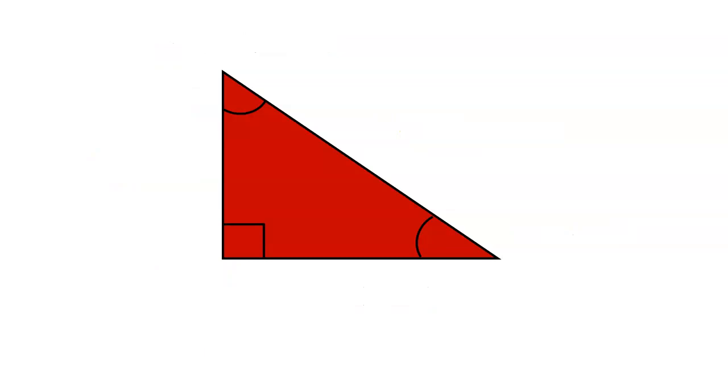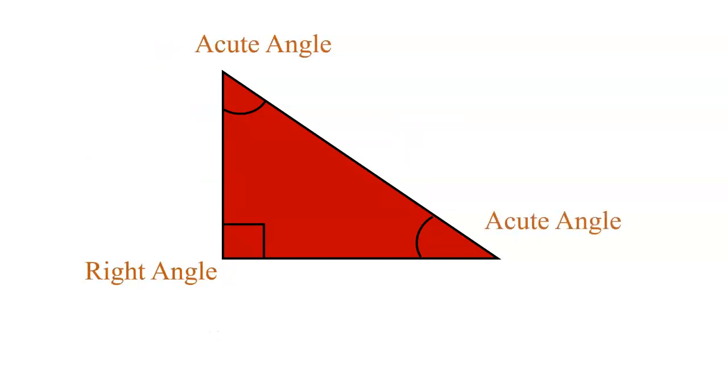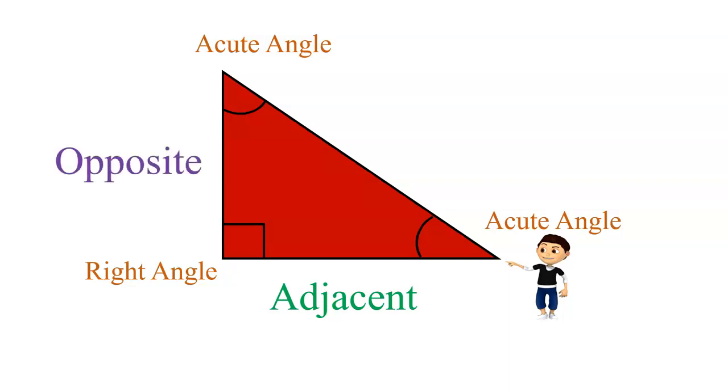But if we had the same triangle, the right angle and the two acute angles, but now we were referencing this acute angle, the legs took on different names. This leg that is now next to the acute angle was called adjacent, and the one across from it was opposite. So this first distinguished that the names of opposite and adjacent depended upon which acute angle you were referencing.